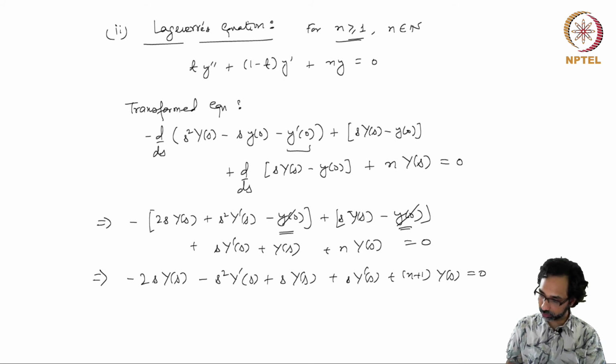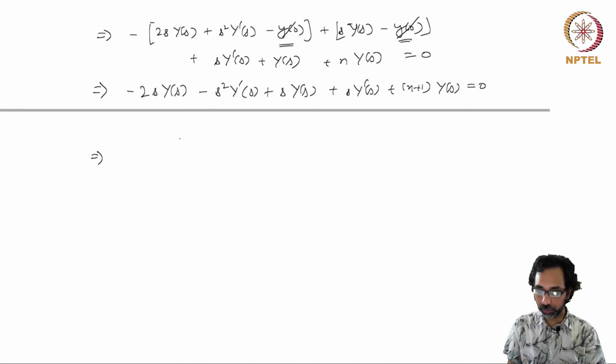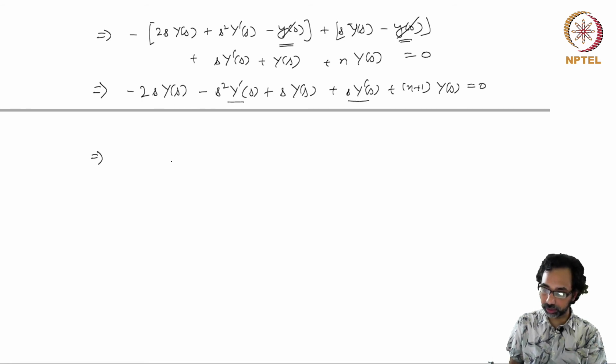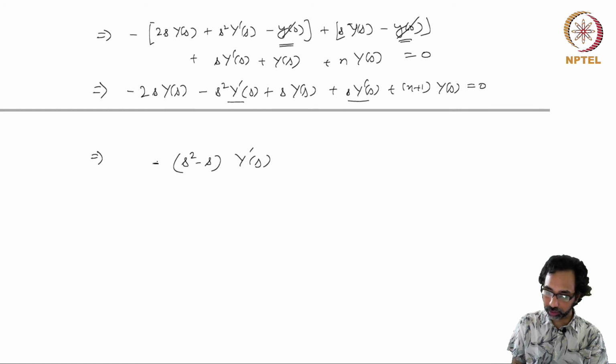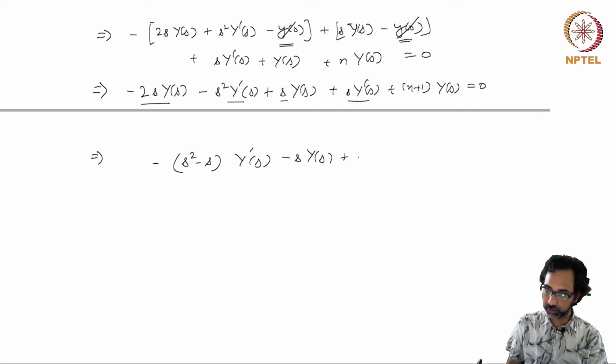So now let's try to find the differential equation by taking all the Y prime together. So there is one term here and one term here. So you get (s square minus s) times Y prime(s) with a minus sign, plus (n plus 1 minus s) times Y(s).